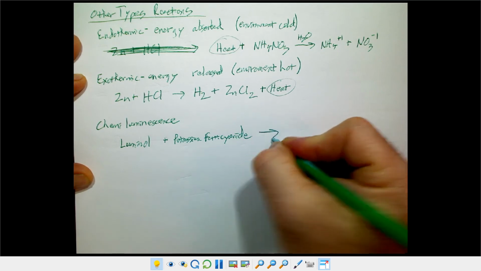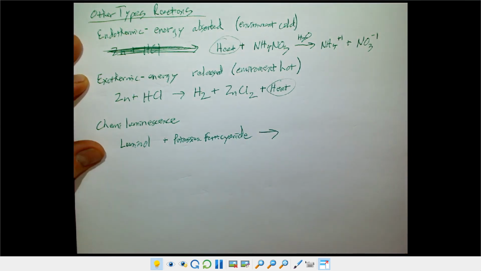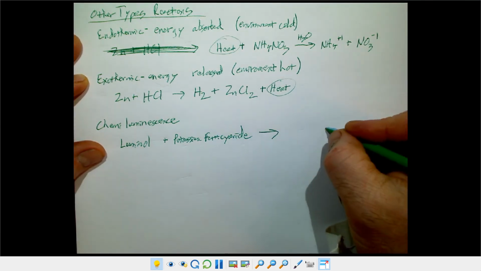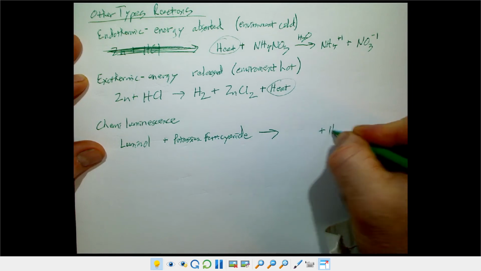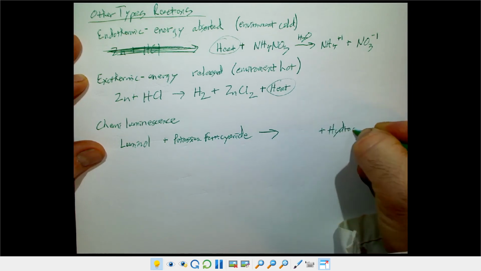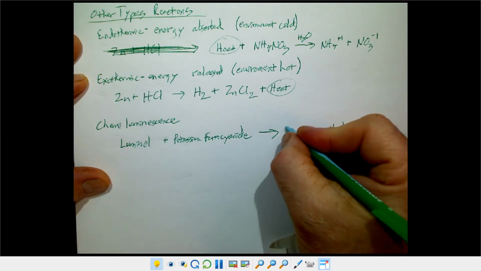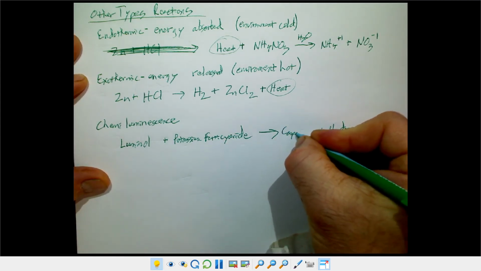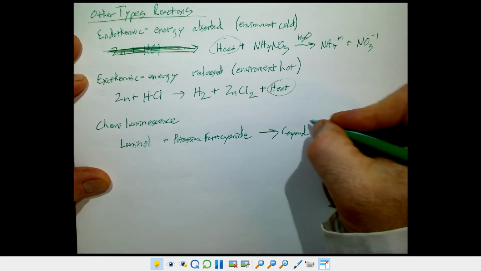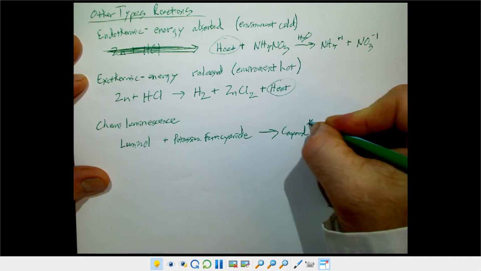what you'll end up doing is you'll end up producing a version of luminol, and you'll end up getting some hydrogen gas. And I can't remember exactly what the compound is called, so I'm just going to go ahead and write the word compound here. And what happens is that compound will be emitting light.